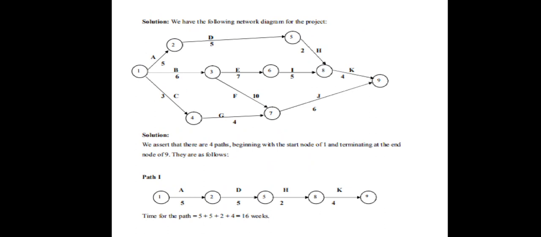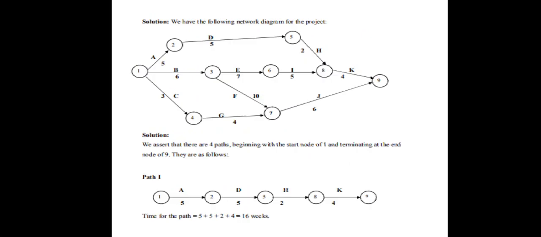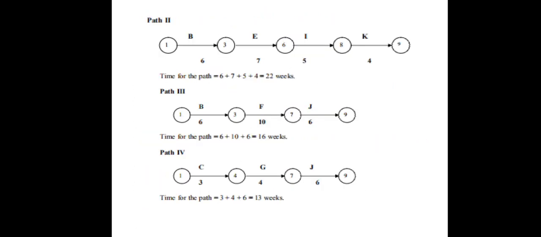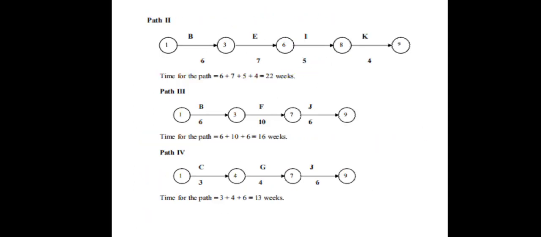And next, this is one path and this is one path. So the total duration is 13 weeks. In total we have 4 paths. Path 1 is 16 weeks, path 2 is 22 weeks, path 3 is 16 and path 4 is 13 weeks.